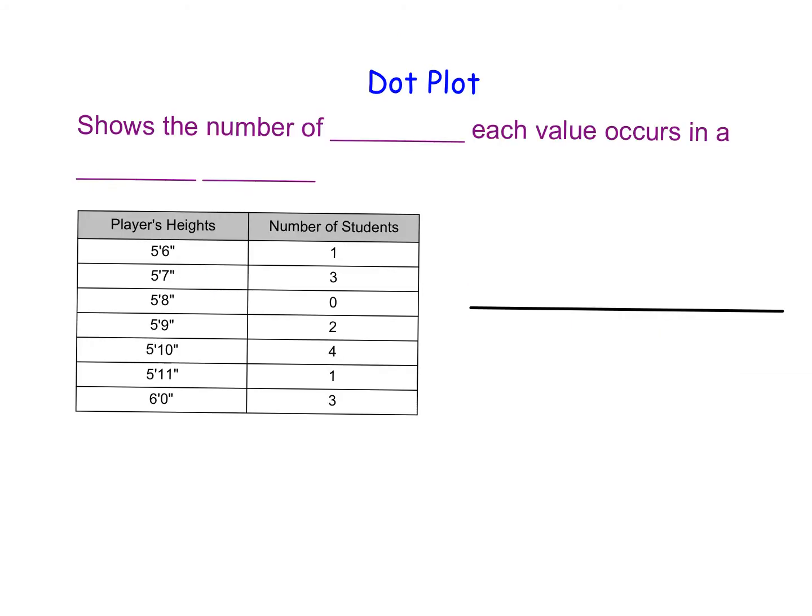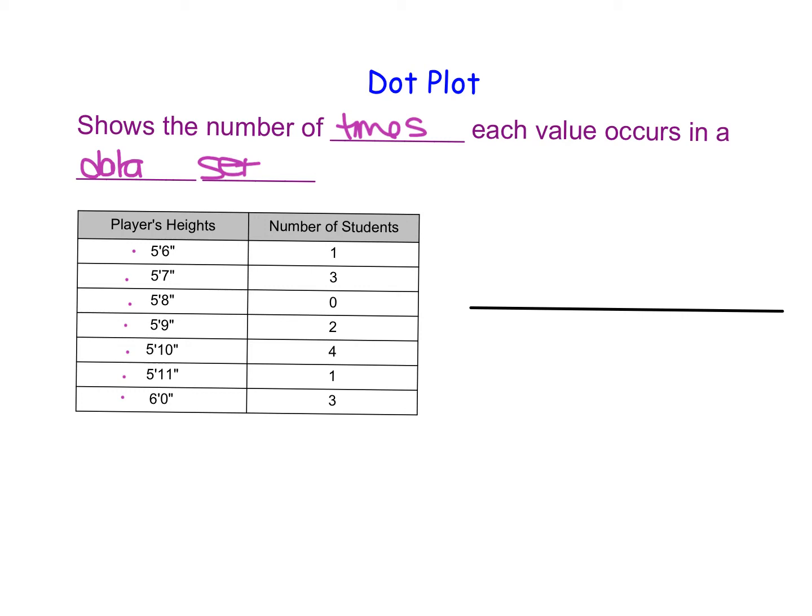So our next representation is a dot plot, and it shows the number of times each value occurs in a data set. So this particular type of representation essentially uses a number line. And what we're going to do is on that number line, we're going to represent all of our different little categories that we have.